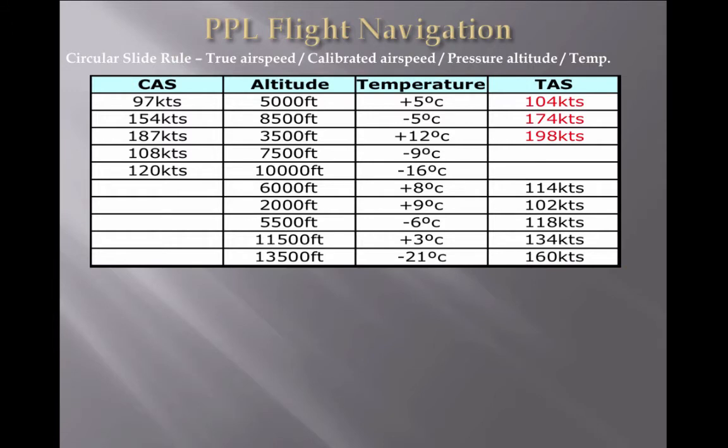There we go. So, let's try this one without the visual aid. So we've got an altitude of 7,500 feet and an outside air temperature of -9 degrees Celsius. Now we can't really see a -9, but we know that that's closer to the -10 than the -8.